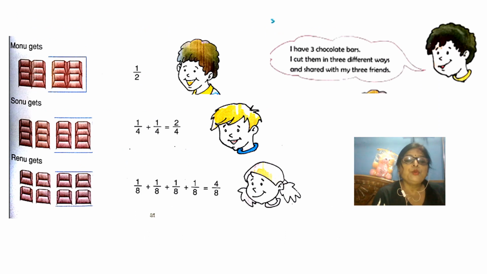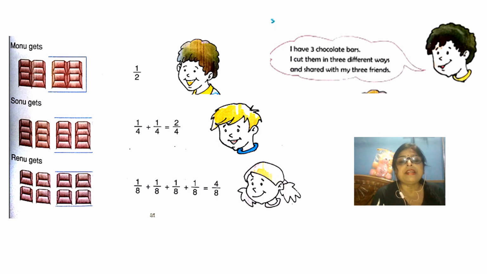My dear students, you can understand the equivalent fraction with the help of this figure also. Here, a chocolate bar is given and a boy is cutting the chocolate bar to share with his 3 friends. Suppose in the first picture, the chocolate has been divided into 2 parts. Then the same chocolate is here and Sonu is getting it after dividing it into 4 parts, and in the third picture it is divided into 8 parts.